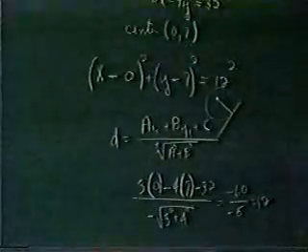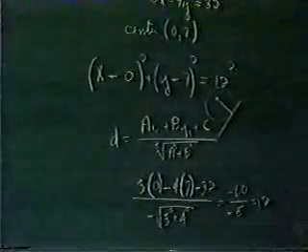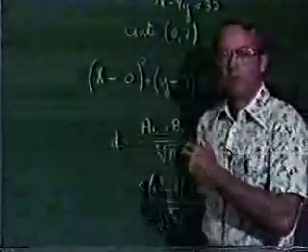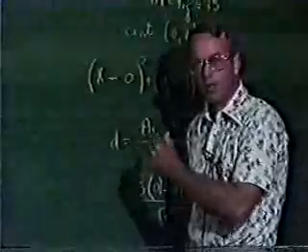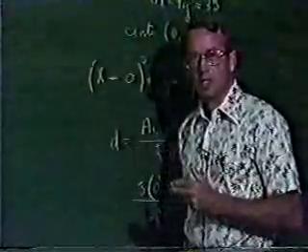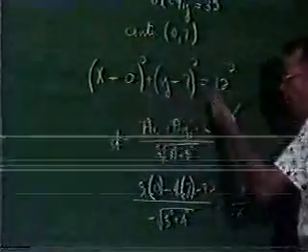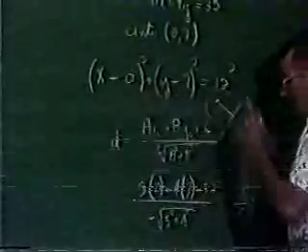Now, that's all there is to working with, given something where we can find the center and the radius. That's all there is to finding the equation of the circle. Now, we've got to do one other thing in this, though. The back of the book usually doesn't leave it like this.